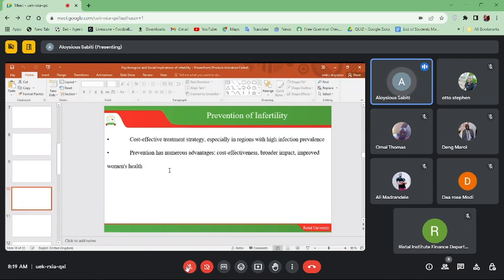So we also now want to look at the prevention of infertility. And we're saying there are cost-effective treatment strategies, especially in regions with high infection prevalence. Prevention has numerous advantages: cost-effectiveness, broader impact, improved women's health. So, like I said earlier on, we're looking at 3 stages.